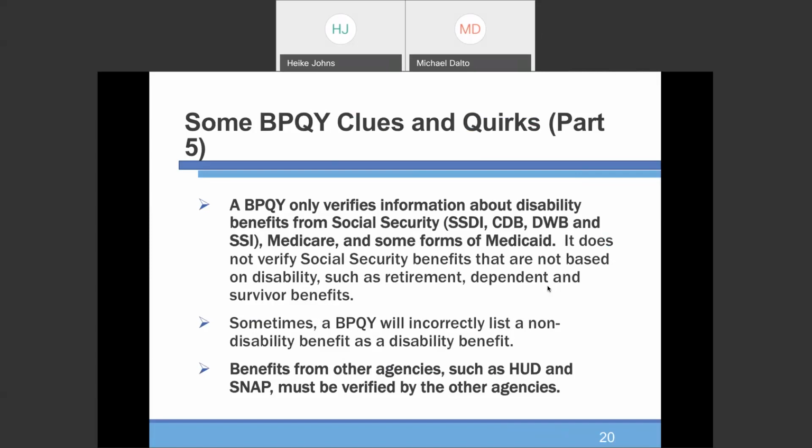So you need to watch out for that if a person might be receiving a benefit that's based on retirement, being a dependent, or a survivor, because it may be listed incorrectly on the BPQY. Now, benefits that a person receives from agencies other than Social Security, such as HUD or SNAP, have to be verified by the other agencies. The BPQY won't help at all.